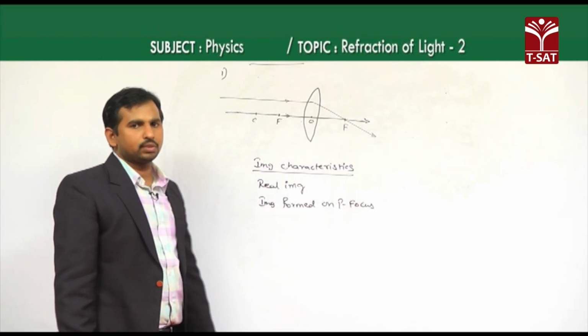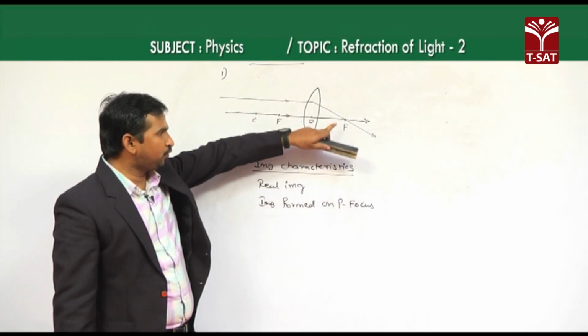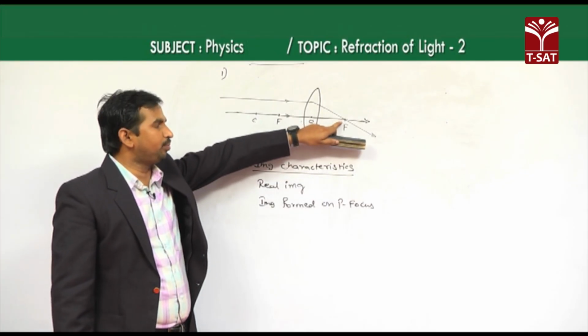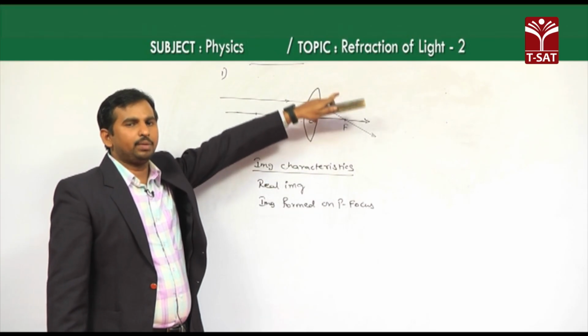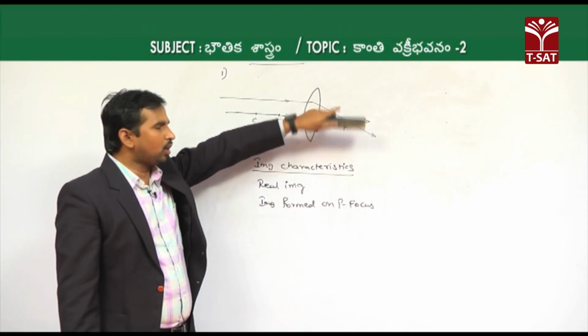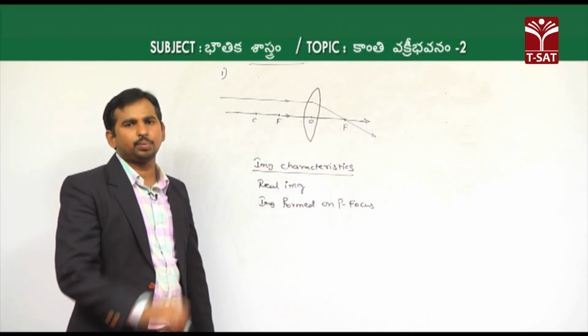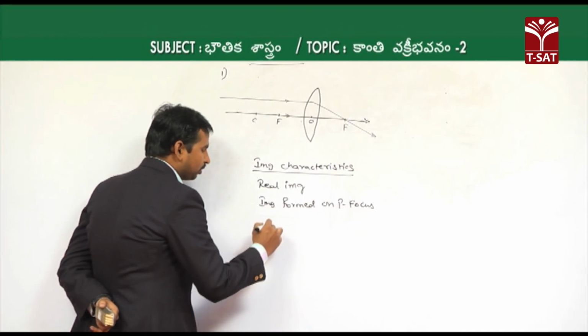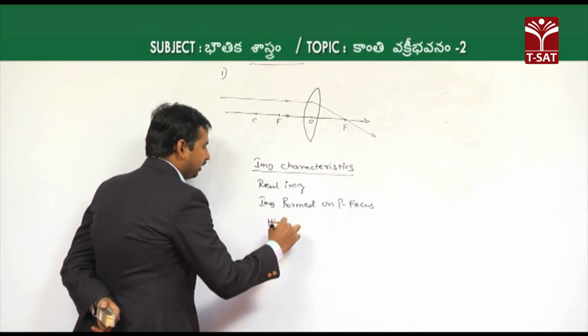And the next one, here the image size, as I said, we have to take from the meeting point up to the principal axis. But here already that meeting point is on the principal axis. So, that is why here the size is highly diminished.